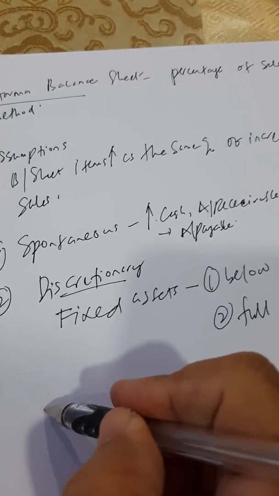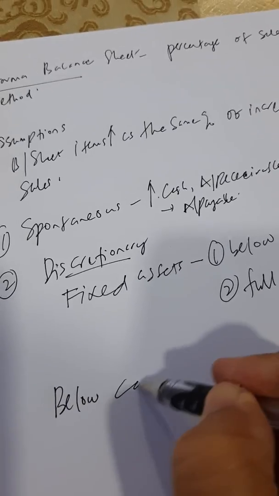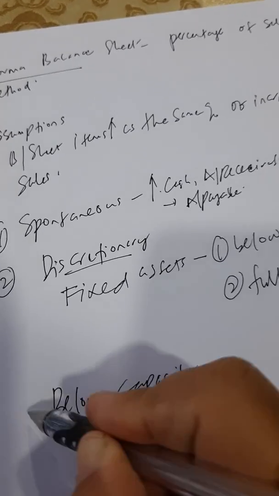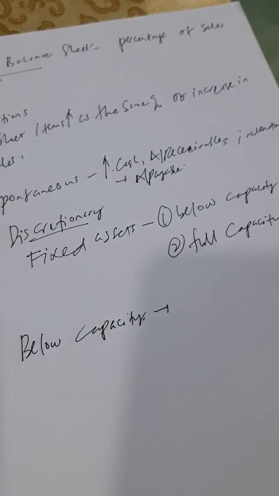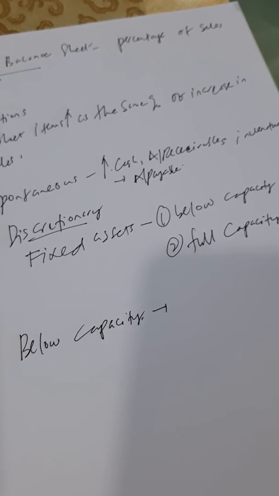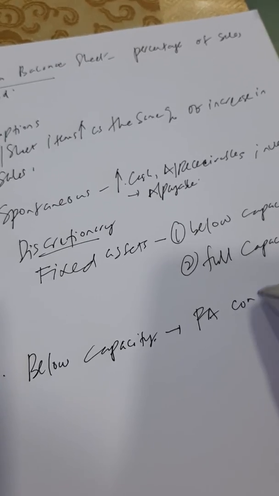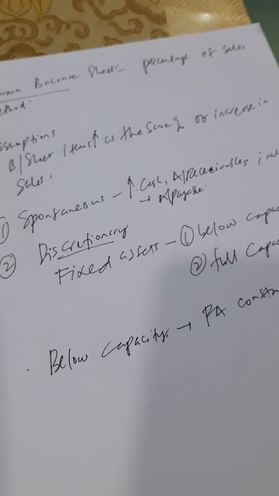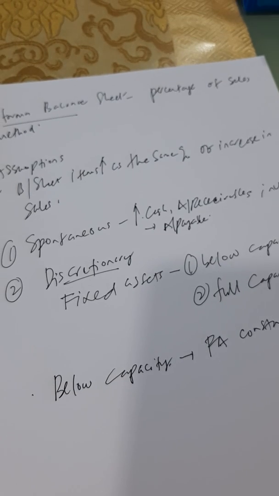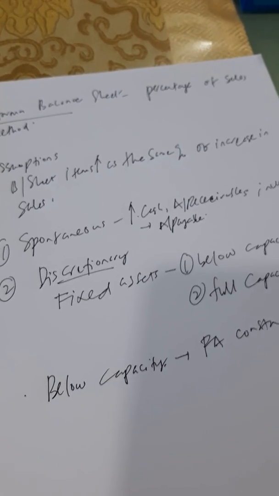If the firm is operating at below capacity, the fixed assets remain constant. It means that the fixed assets do not increase with an increase in sales.